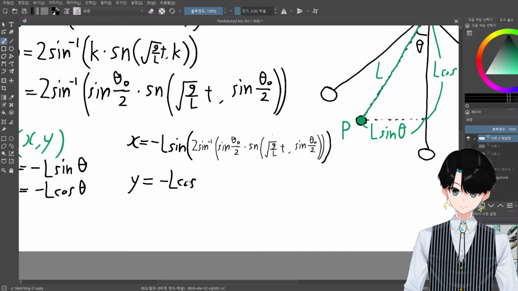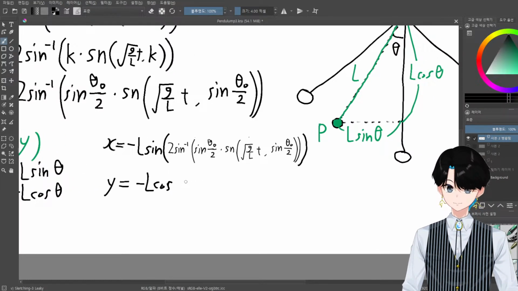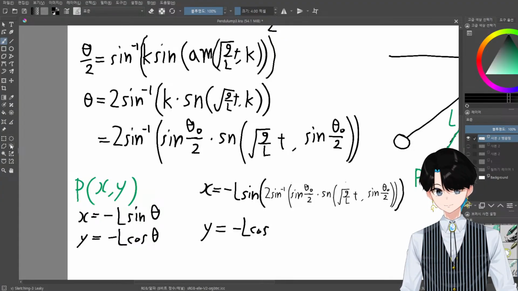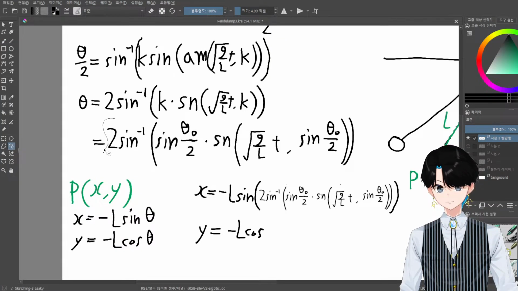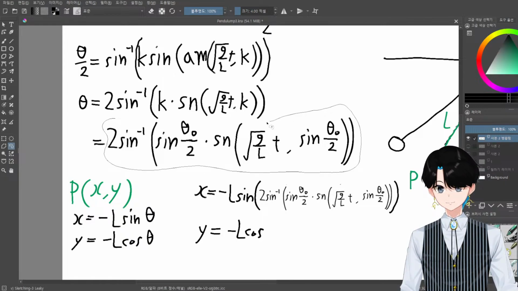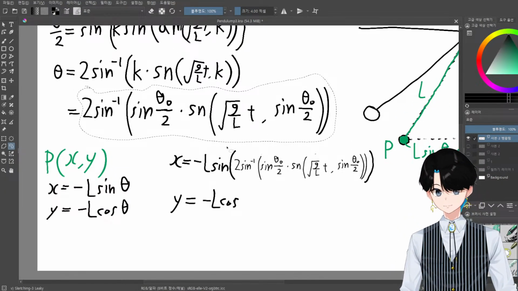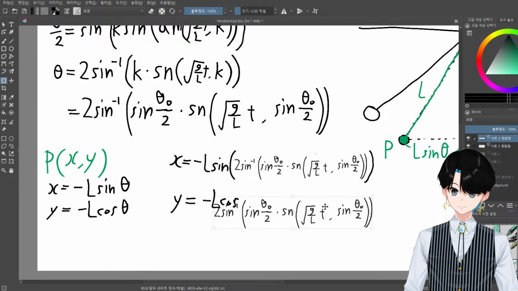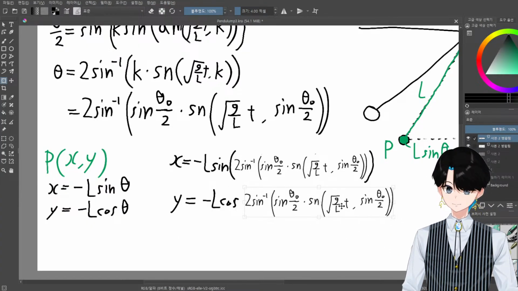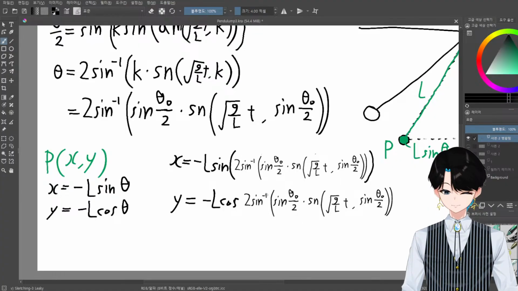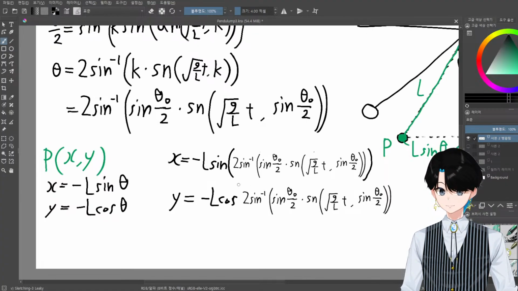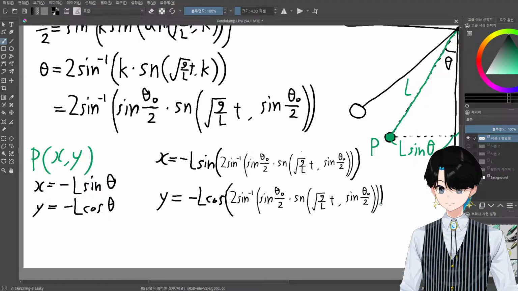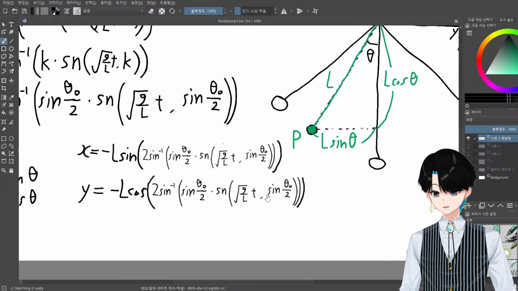Minus L sine, the same thing. And this is the answer.